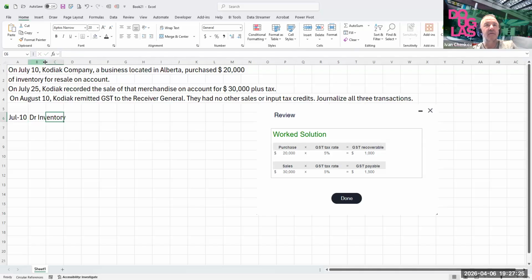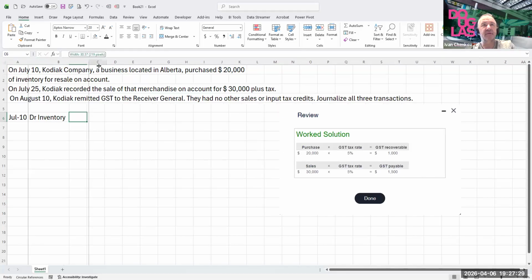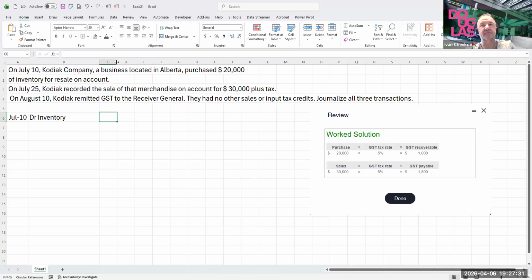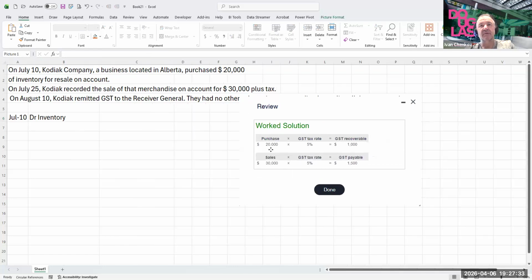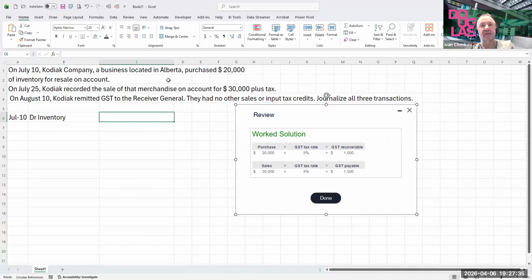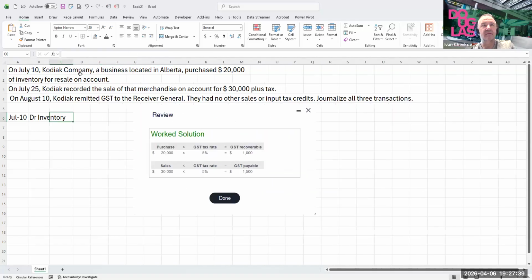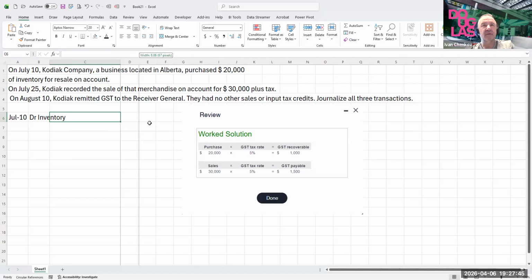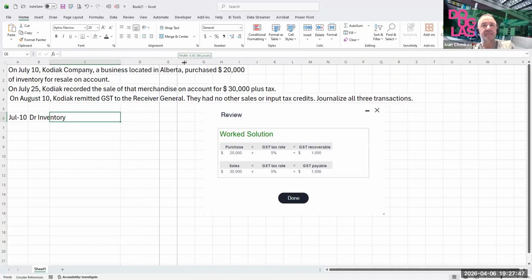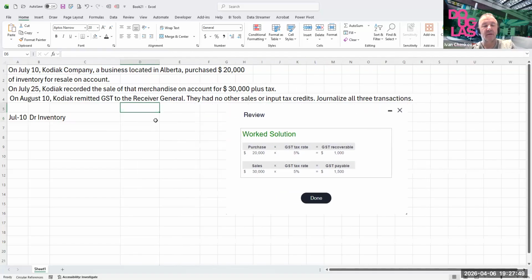And then we're going to have how much inventory we purchase, in this case $20,000. Let's leave one line here. That will be our debit, and that will be our credit.